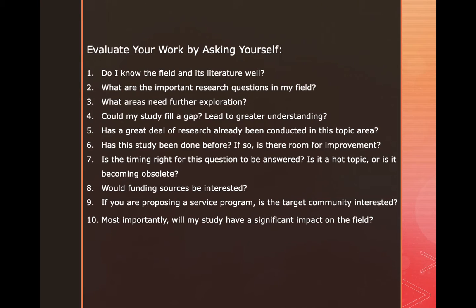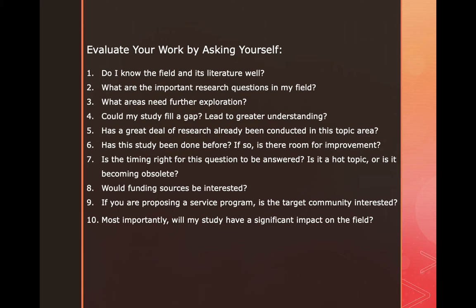Has this study been done before? If so, is there room for improvement? Remember, I said you can take a research paper, and they will have limitations or future research recommendations. Look at those things for future research and/or for your own research.